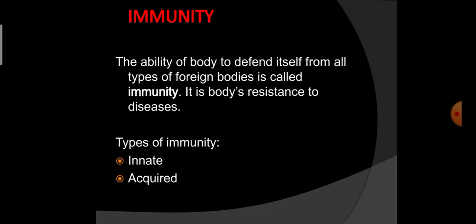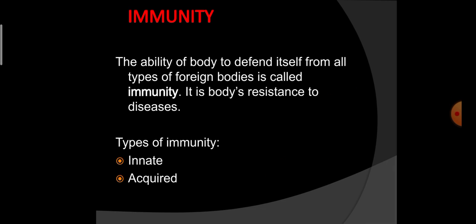So, every body has a defense mechanism, so that is called immunity, and the study of this process is called immunology. So, immunology is the study of the ability of an organism, of a person, to resist diseases. That means immunity is also called the body's resistance to diseases.